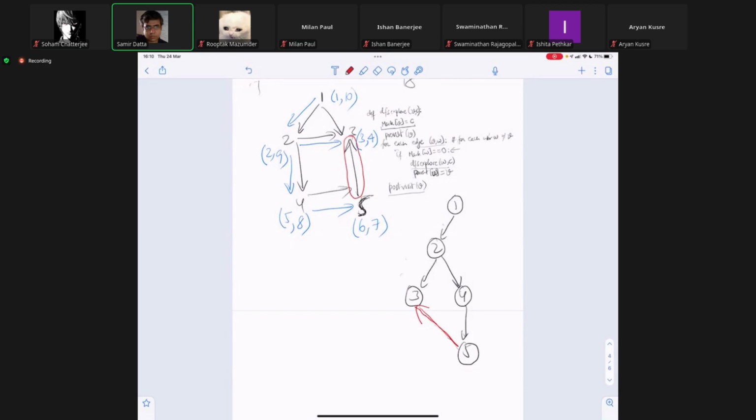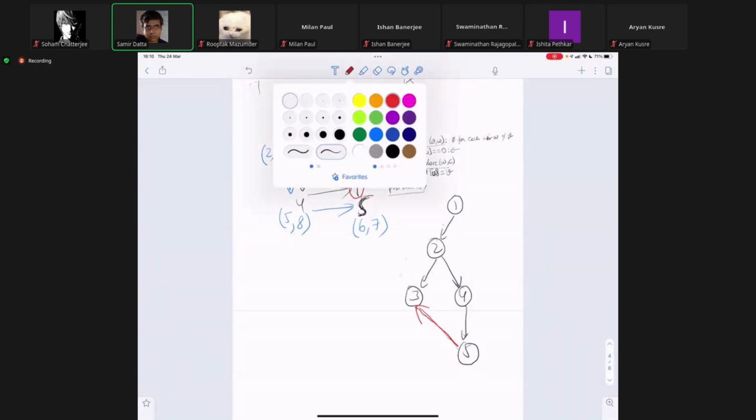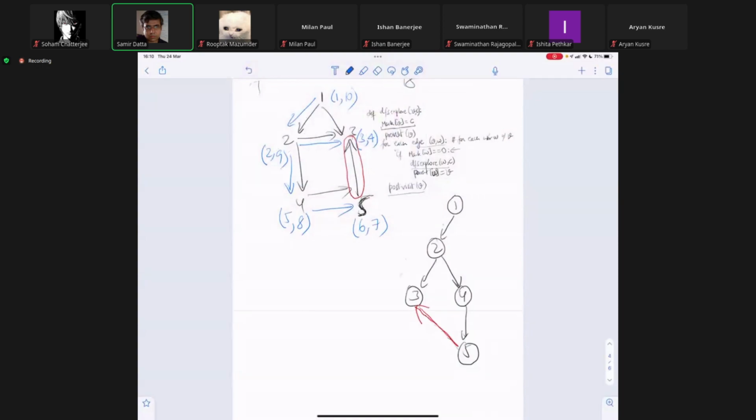What do I mean by larger interval? Let me mark the intervals here. 1, 10, 2, 9. 3 is 3, 4. 4 is 5, 8, and 5 is 6, 7. So 3, 4 is strictly less than 6, 7. Both the things are less than 6, 7.